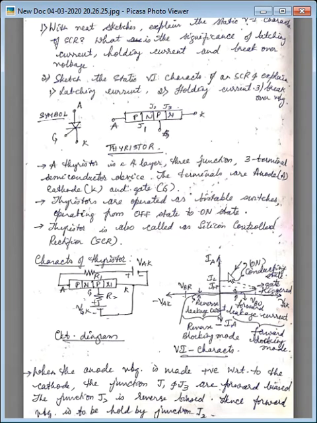After the thyristor reaches the latching current level, we observe the thyristor continuously acting in the on state. That is called the conducting state. Below this IL level as well as the IH level, we call it the off state. So this region from VBO 0 to VBO and 0 to IH is called the off state.